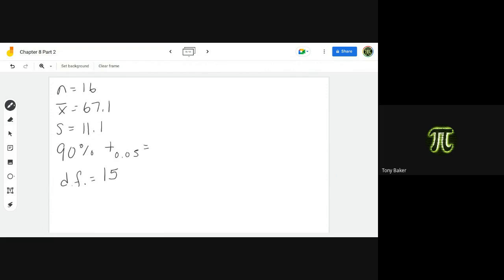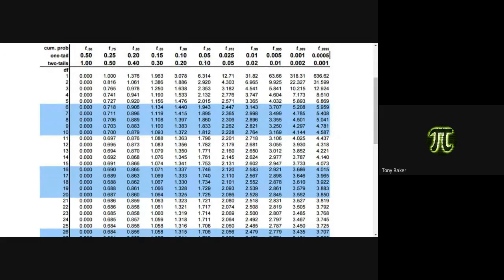So we go back to our T table. In this case, I'm looking at the 0.05, and we're going down to 15. And we have 1.753.